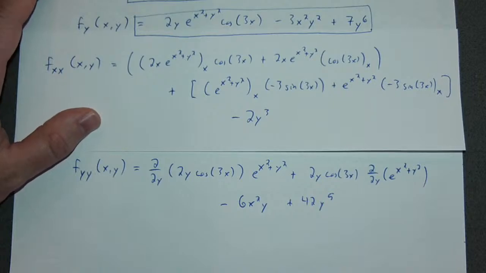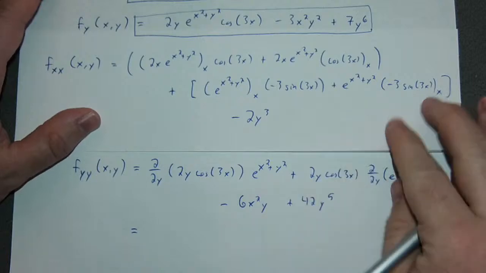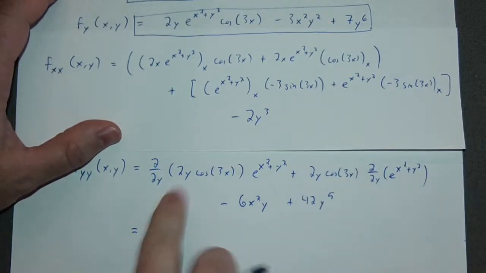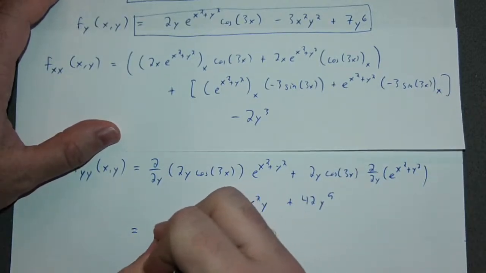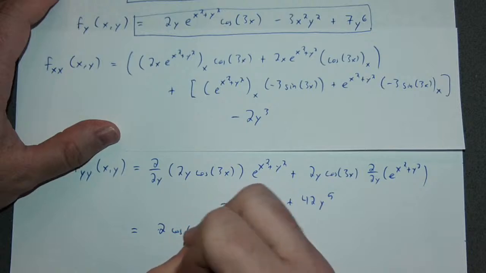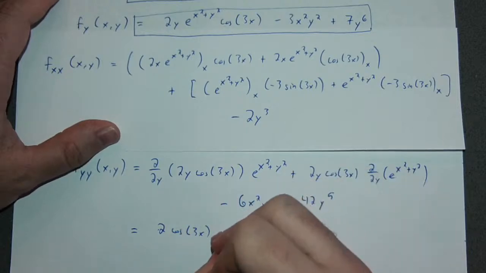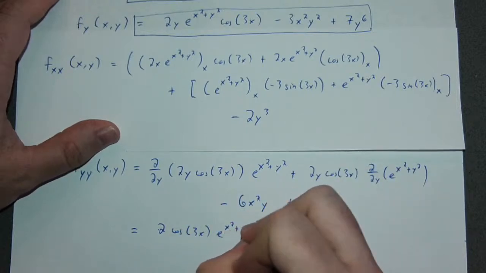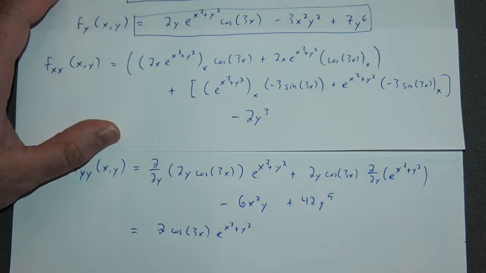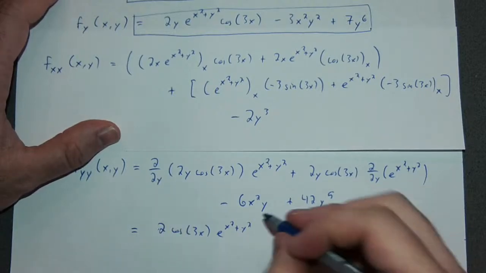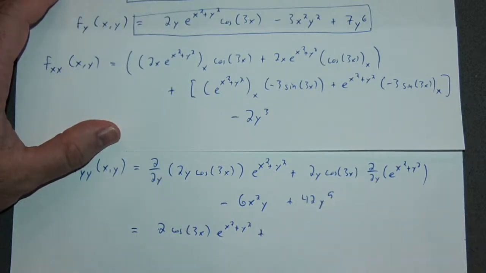All right. So I have to simplify this a little bit by actually taking these derivatives. So the y partial of this thing is just 2 cosine of 3x times e to the x squared plus y squared. That's the y partial of this expression. Plus 2y cosine 3x times the y partial of e to the x squared plus y squared, which is 2y e to the x squared plus y squared.